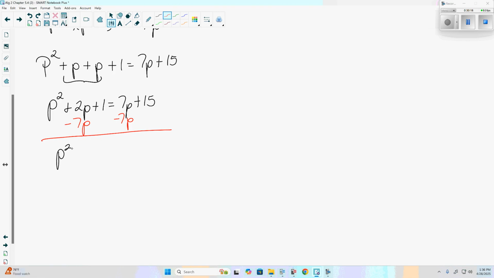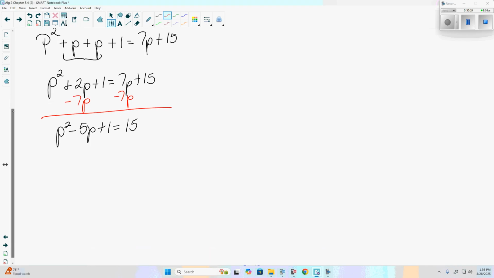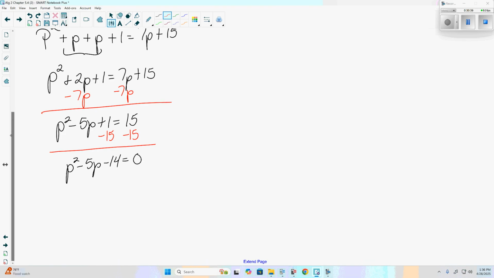Telling us that p squared minus 5p plus 1 is equal to 15. Then we can subtract 15 from both sides, telling us p squared minus 5p minus 14 is equal to 0.